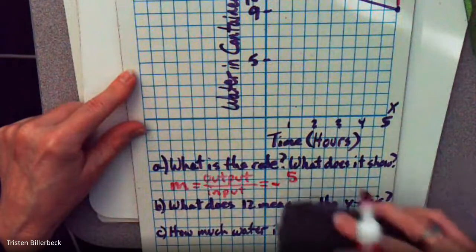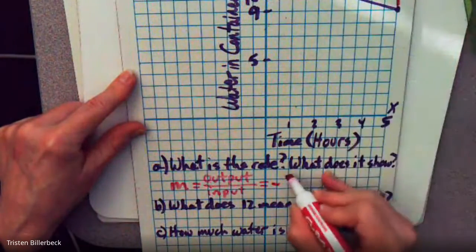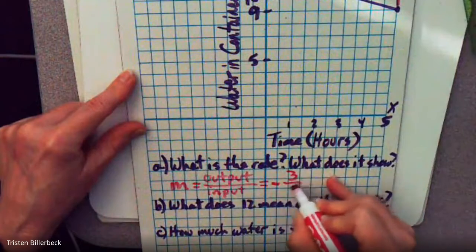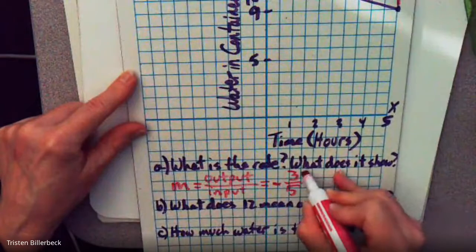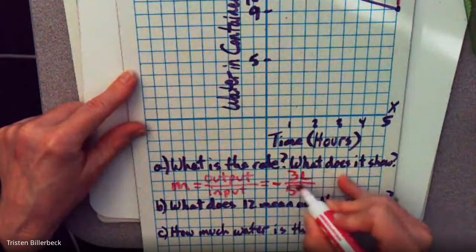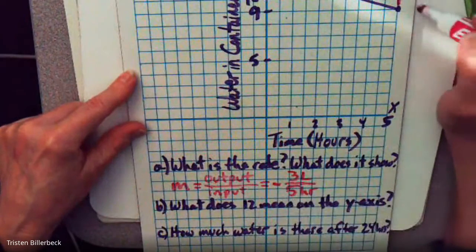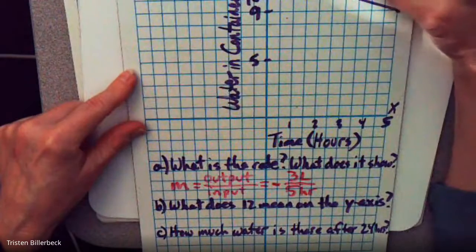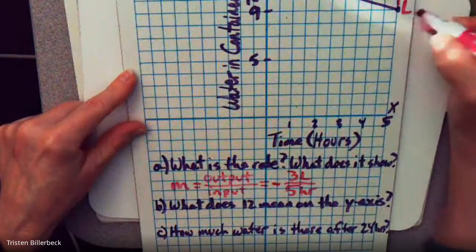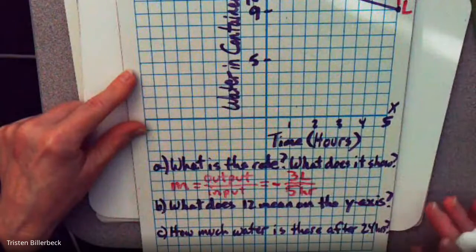Oops, that's the, so we have to be careful. That's the x. This is the x value. So -3 over 5. So that means we're going to lose 3 liters in 5 hours. So if you can keep your units with your numbers, it really is helpful. So this is 5 hours and 3 liters. We've lost 3 liters in 5 hours. So that's what it's showing.